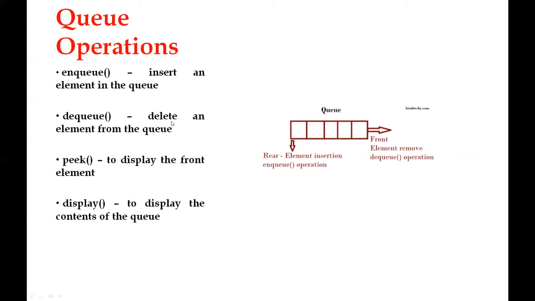Whereas if I want to delete something, I'll be using a function called DQ, which means I am trying to remove the element which is present in the front. You also have two more functions, namely peek and display. Peek tells us the element present at the first position, and display is going to display all the contents present in the queue.